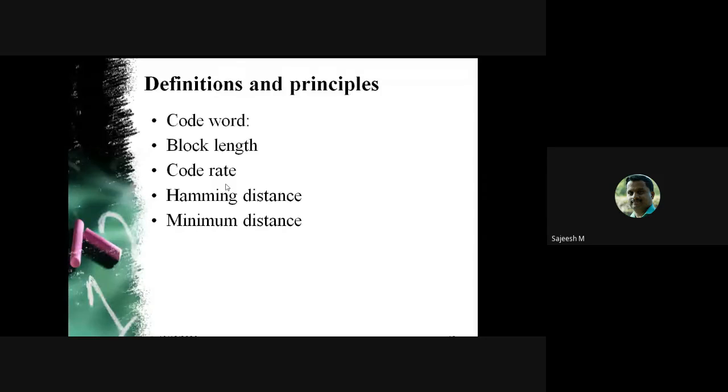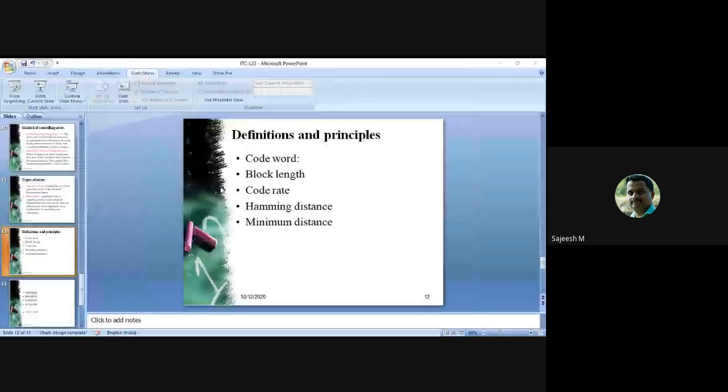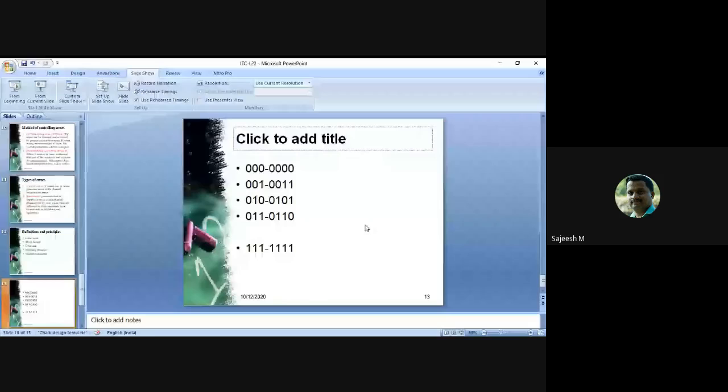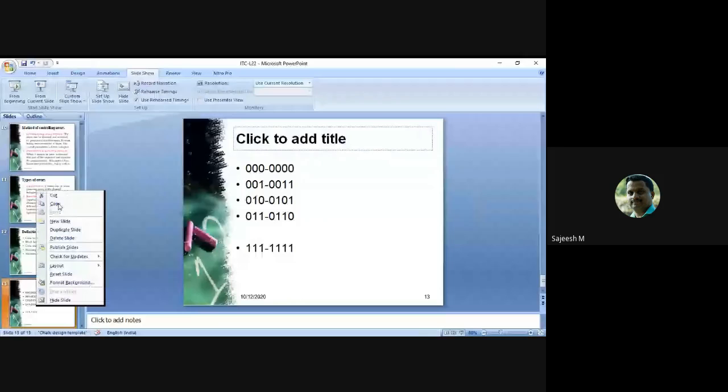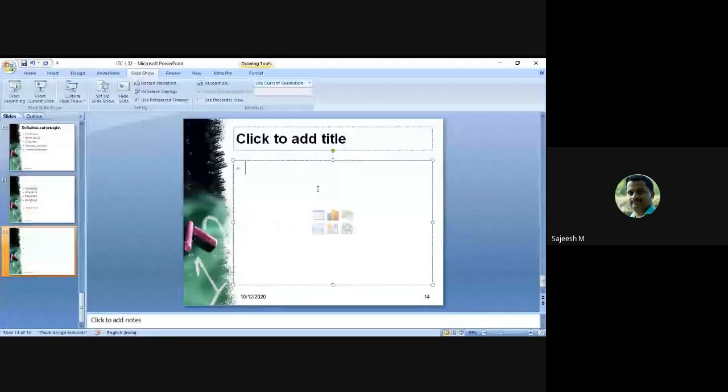For example, if the first code word is 101 and another code word is 110, here the first bit of the two code words is the same, the second bit is different, the third bit is different.